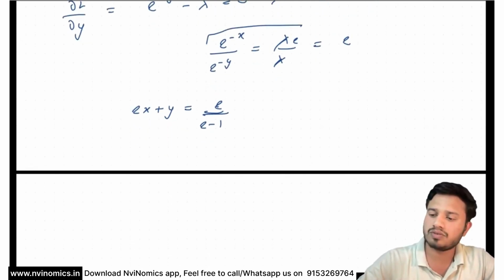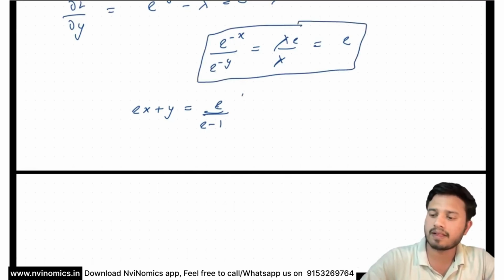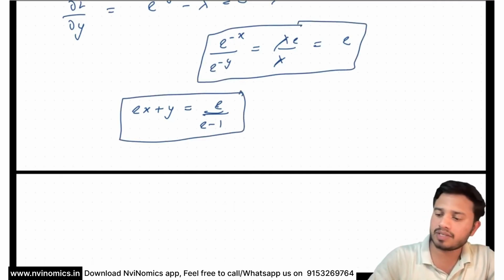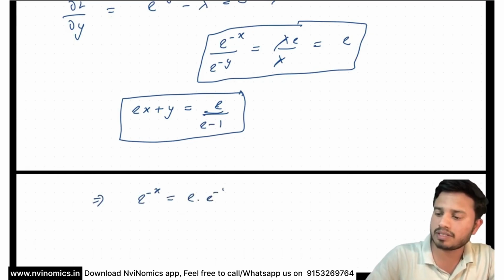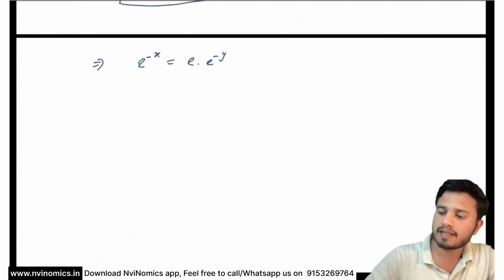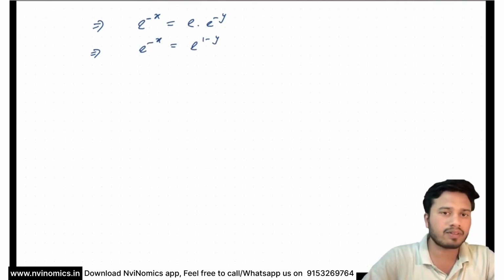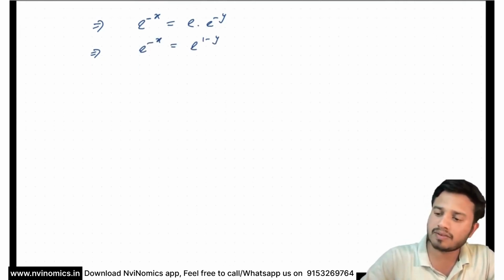So these two equations we have. From the first equation I can write it like this also: e to the power minus x equals e times e to the power minus y. That will clearly give me e to the power 1 minus y. Now I can compare the powers.